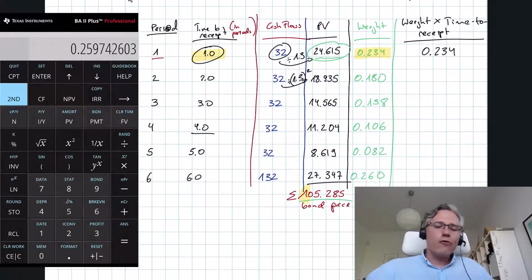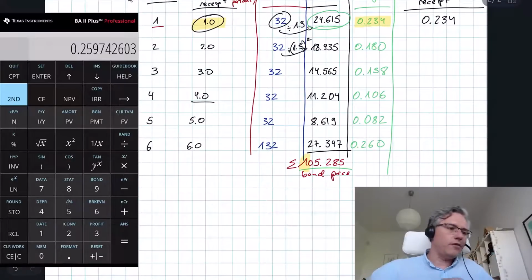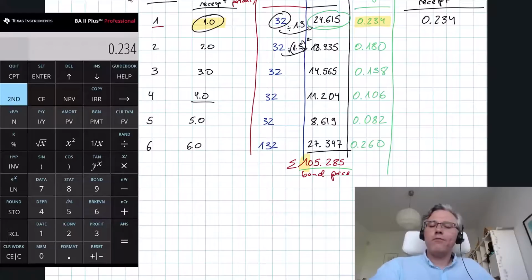Now, I really don't want to spend too much time. Well, I've already spent a lot of time here, but maybe we can just try to do this on the calculator without writing the results down. So I know the first result of the multiplication is 0.234.